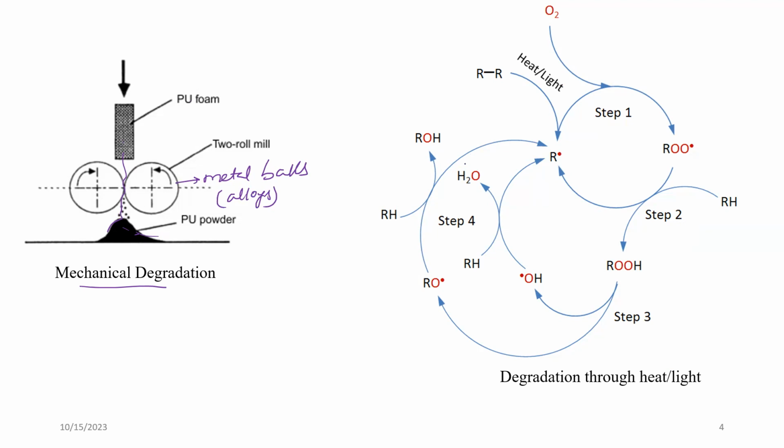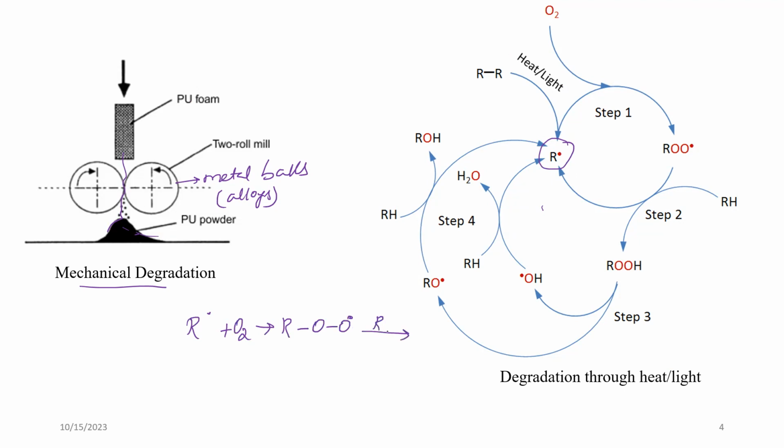This is the situation with photo degradation, photooxidative degradation, though a complicated one. As I said, you have the initial reactant R dot. You have R dot, and at the top you can see you have oxygen. So finally, you are getting ROO dot.